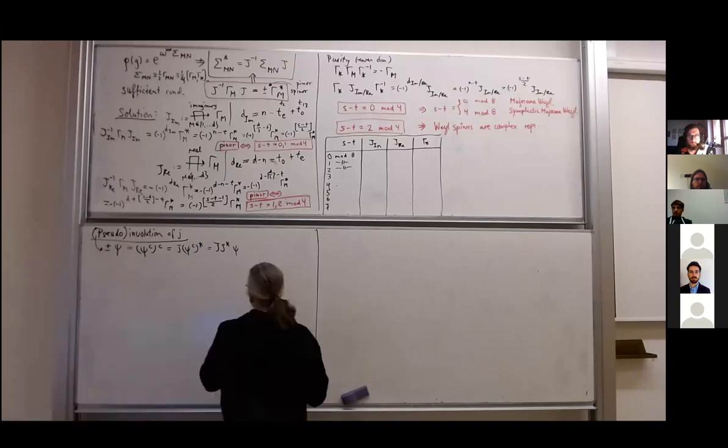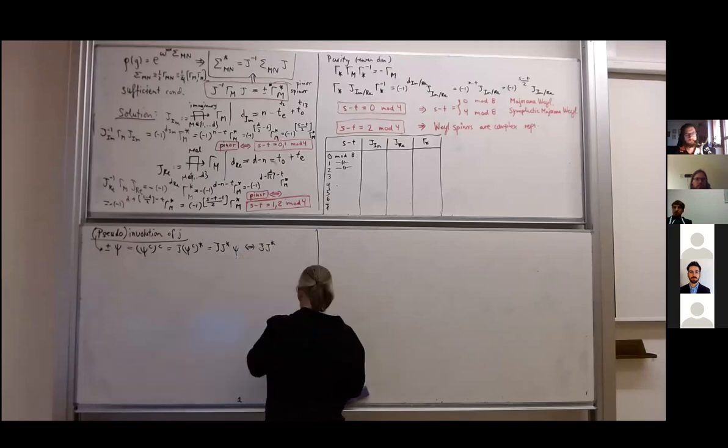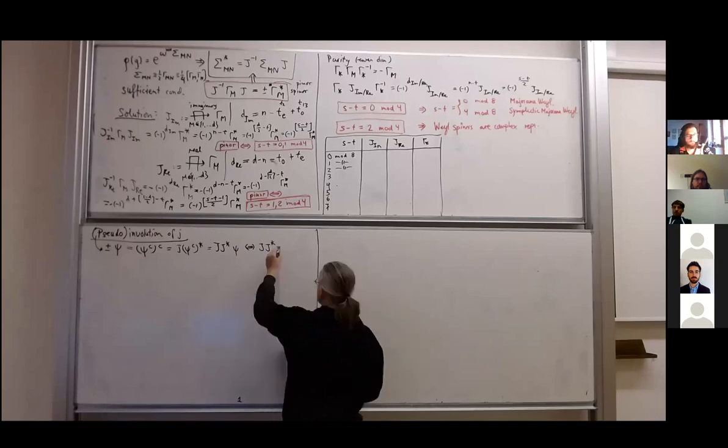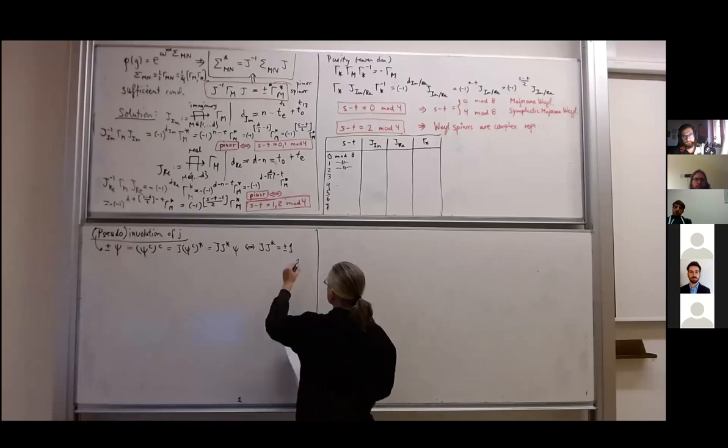And so clearly we get that J star J matrix should be equal to plus minus 1. And this is exactly the same condition as being pseudo real.